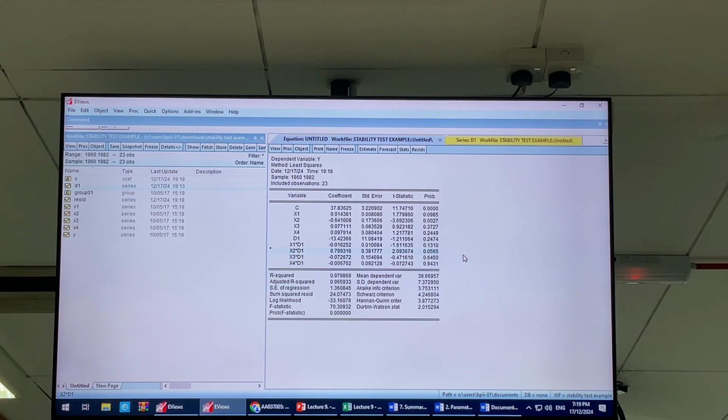Okay, so based on the Chow test just now, we say that at least the parameter is not stable, but which one?